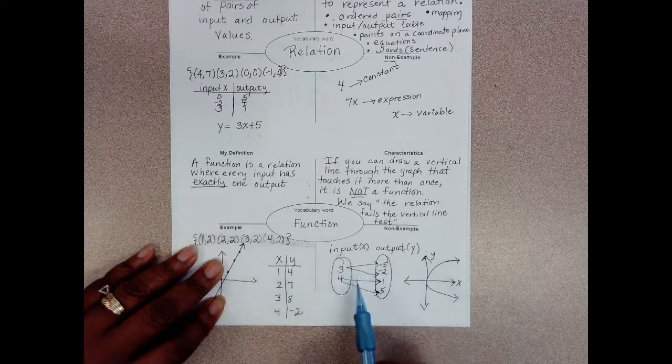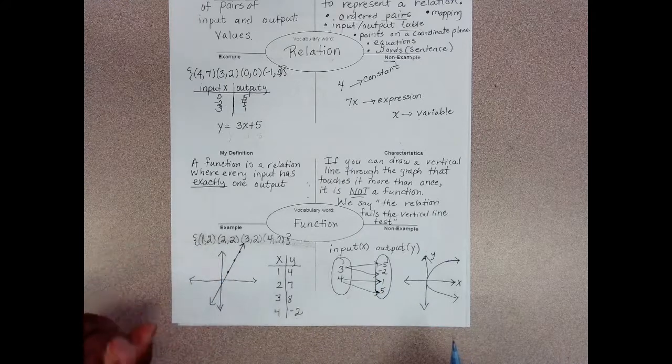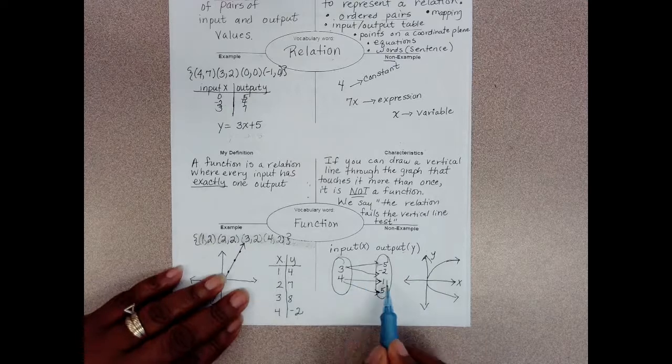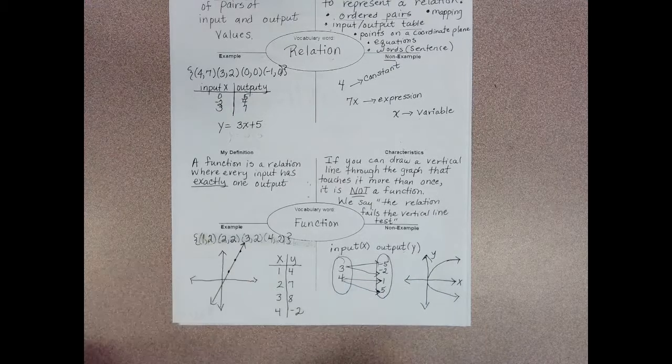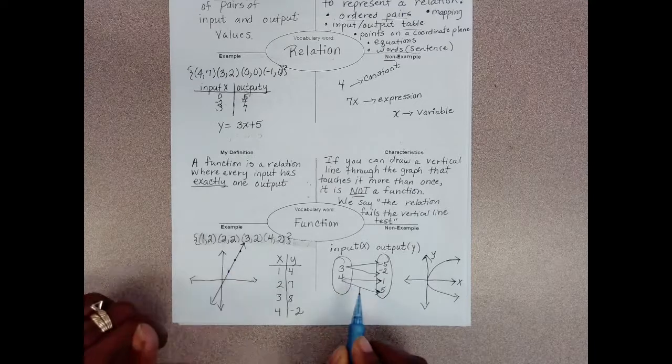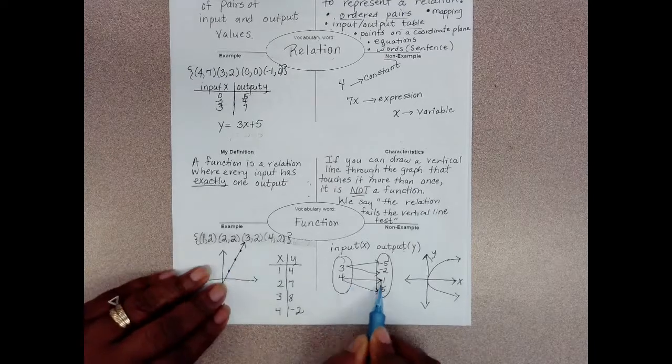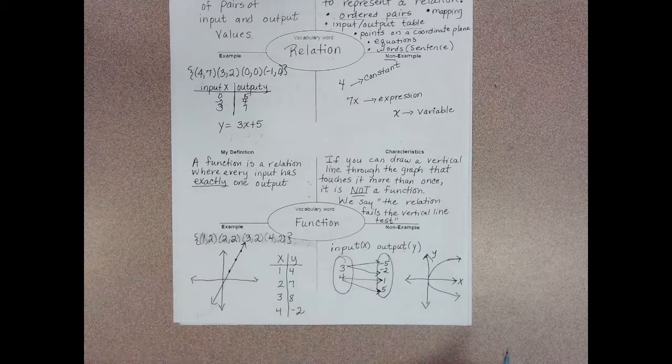Notice that 3 is going to yield a -5 and a -2. So there should not be two values for y when I input x, and in this case, there is. And the same thing for x when x is 4. I should get one value for y, but in this case, I'm getting two values for y. Therefore, it is not a function.